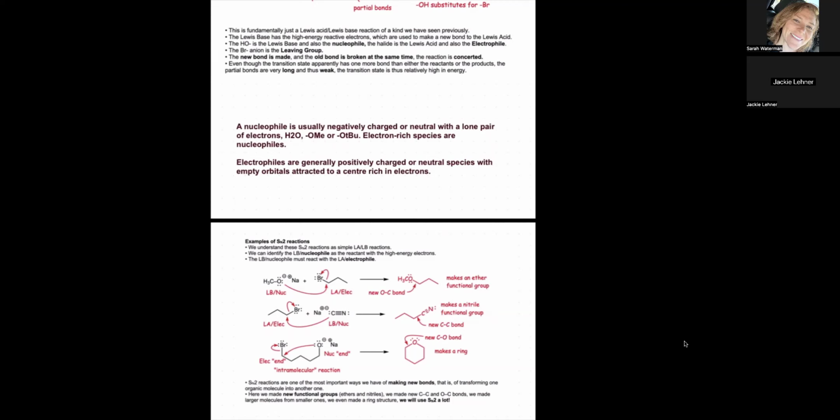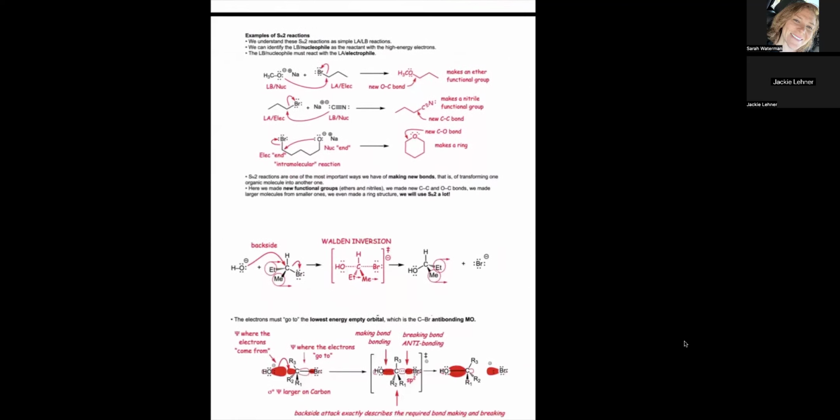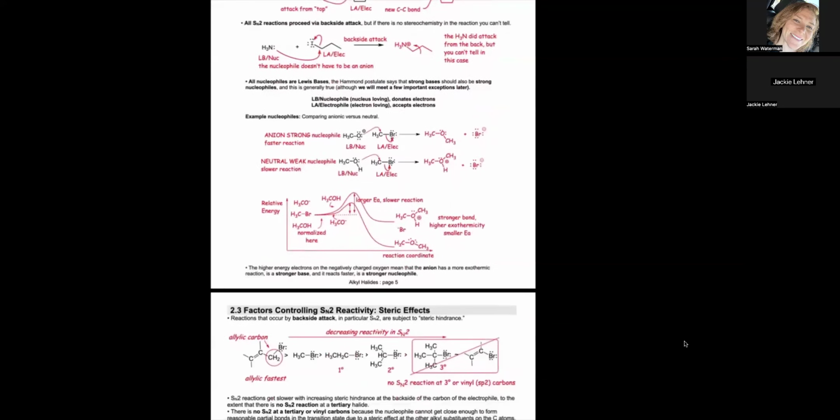If you look at an energy diagram, here you can see we have a much smaller relative energy with our bromine. When we attach our oxygen or OH group to it, it's slightly lower in energy because the oxygen's electrons become lower in energy, so it makes a stronger bond.